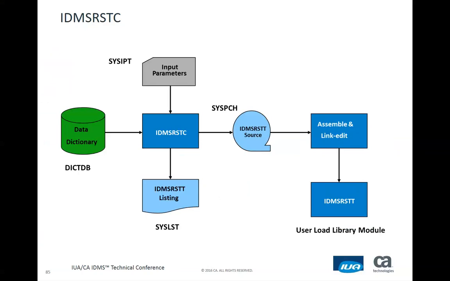IDMS RSTC reads the data dictionary as input, and along with the SYSLIST listing, will also write the source out to a sequential file. That sequential file is defined on the SYSPCH DD name, and once that file is created, you take it as source input into your site's assembler and link edit routines, and that will create a load module that will be used by the actual Restructure utility.